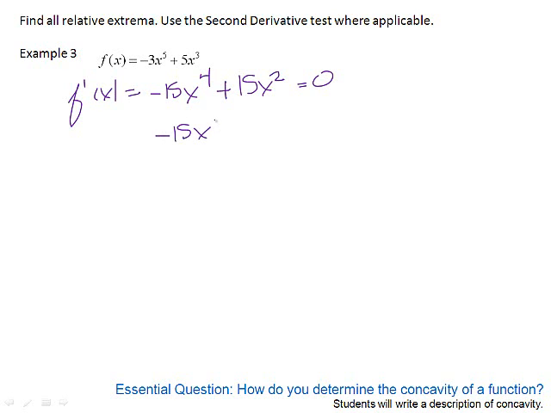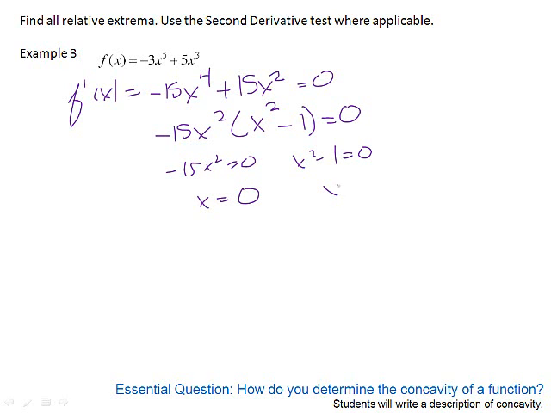I'm going to take out a negative 15x squared. What are we left with? Minus 1. Okay, so I do my good old zero product property thing. So x ends up equaling 0, and x ends up equaling plus or minus 1.